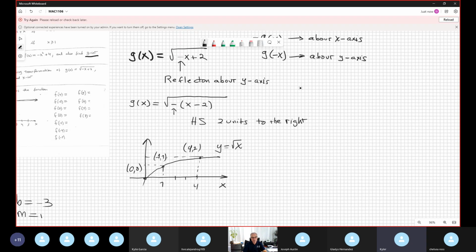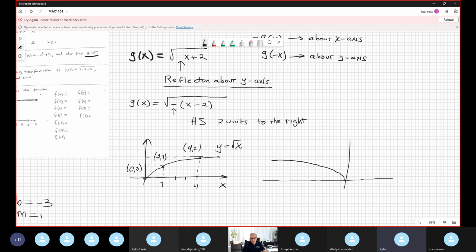Now, definitely, we apply the reflection first. According to the order of operations, reflection first. If it's a reflection, then the only thing you should do is reflect, but in that direction.